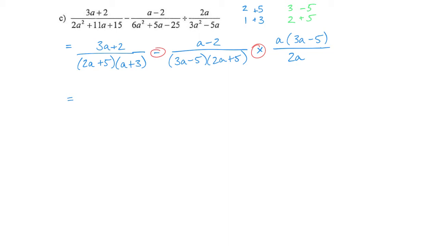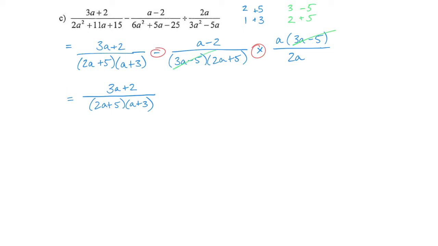So I have to just leave that first fraction. I can't touch it. It is going to be my 3a plus 2 all over. And now I can reduce my next. So I take a peek at that and I notice that I have a 3a minus 5 and a 3a minus 5 common factor.